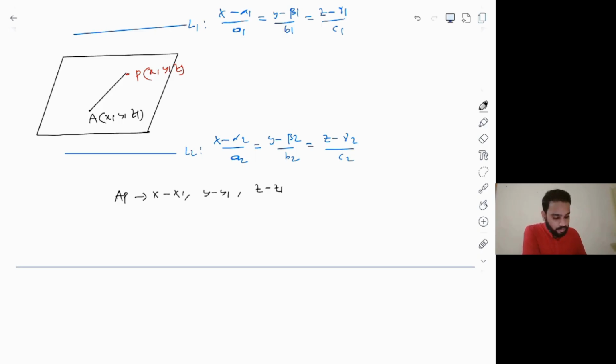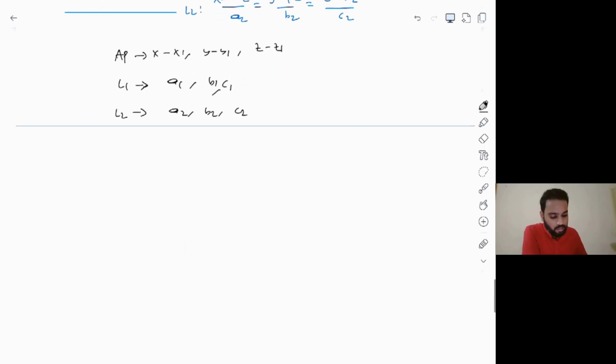Then next we'll take the DRs of the first line L1, which are a1, b1, c1, and then L2 will have the DRs as a2, b2, and c2. And once again, simply write down the determinant of all these DRs equals 0, which will give you the equation of the plane.